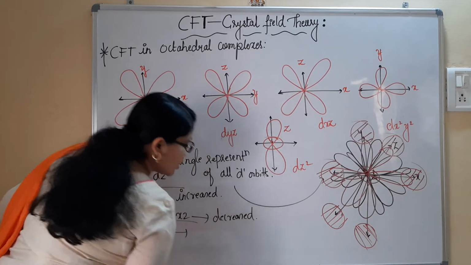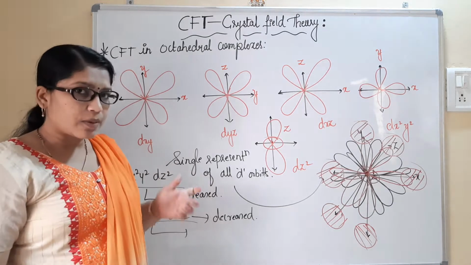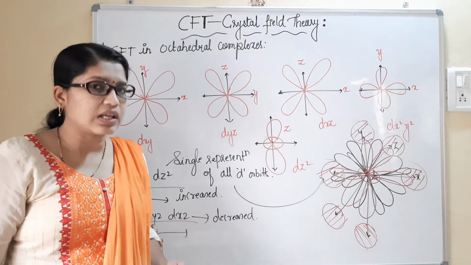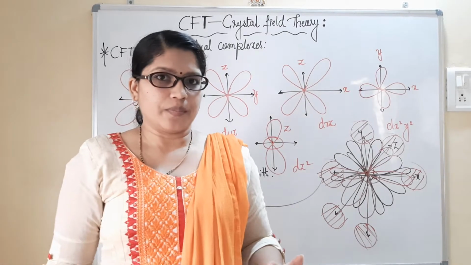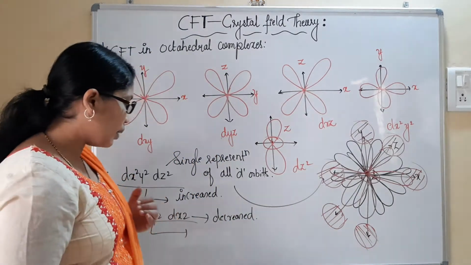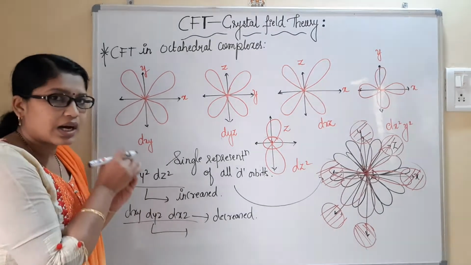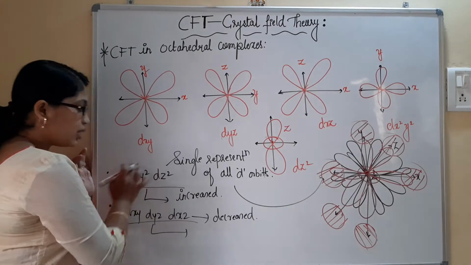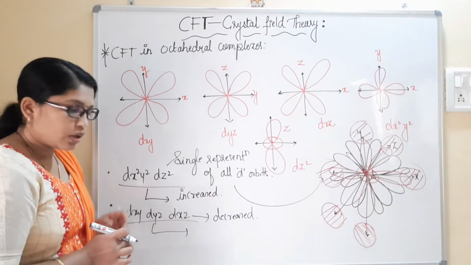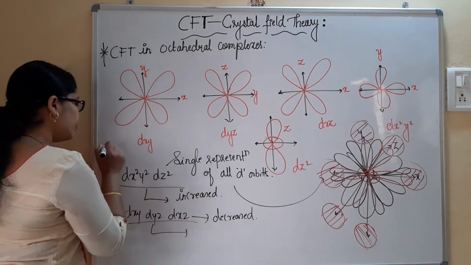This decreased energy with respect to the orbitals present along the axis is referred to as degeneracy lifting. Degeneracy lifting is nothing but certain orbitals showing higher energy and certain orbitals showing relatively smaller energy with respect to those orbitals. So that is the reason why, in the case of octahedral, I have written all these points.